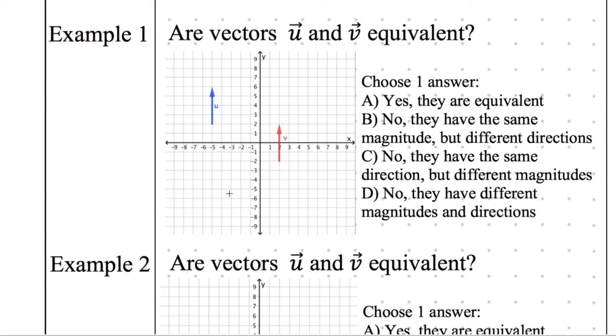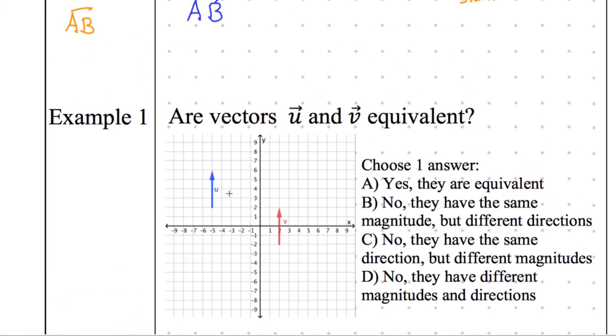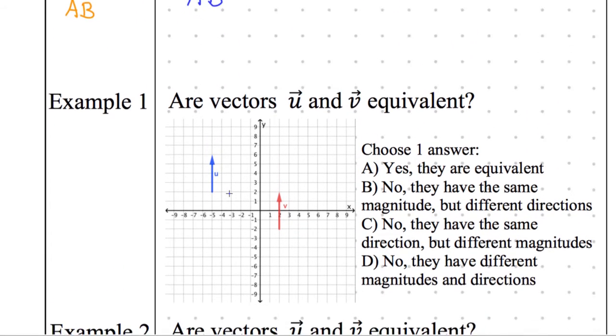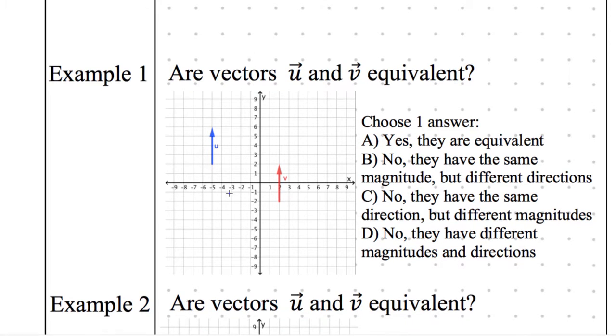All right, so let's look at some vectors. I want to know if u and v, those 2 vectors, are the same. Obviously they're not exactly the same because they have different initial points, and obviously different terminal points. But I just care about their magnitude and their direction. First of all, are they going in the same direction? Yeah, they are. They're both going straight up, right? Now, what about the magnitude?